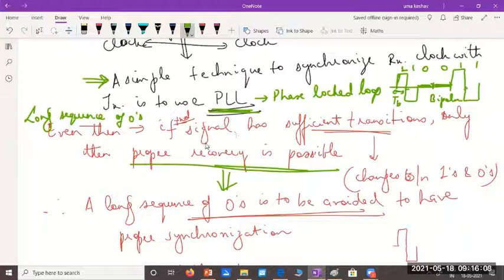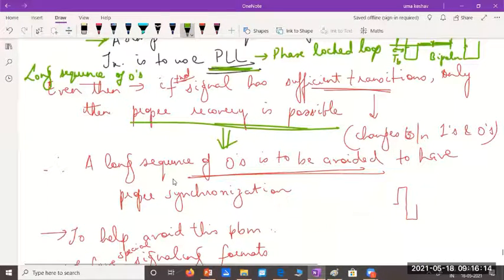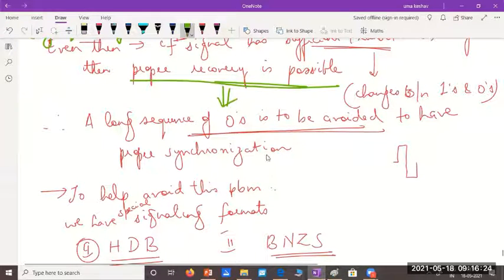So what we will do, we will check the message bits as the binary data is being generated. Next, we are going to check that data for a long sequence of zeros. You see a long sequence of zeros, you just replace it with another binary sequence which will include some ones.